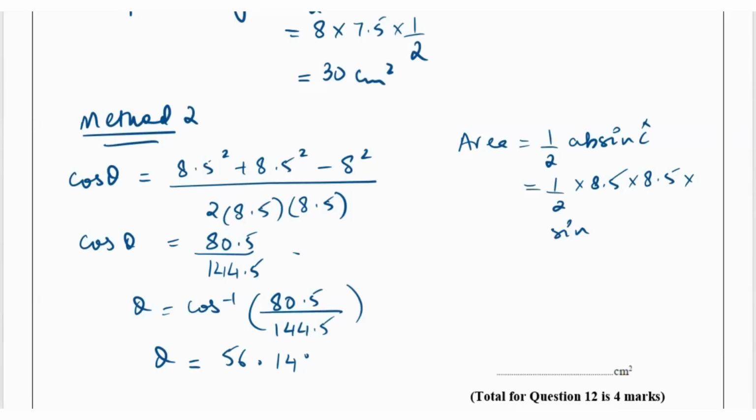So 1 over 2 times 8.5 times 8.5 times sine of 56.14. And that gives us 29.9, which rounds up to 30 centimeters squared as well. So both ways give the same answer. You pick the one that's most suitable to you.